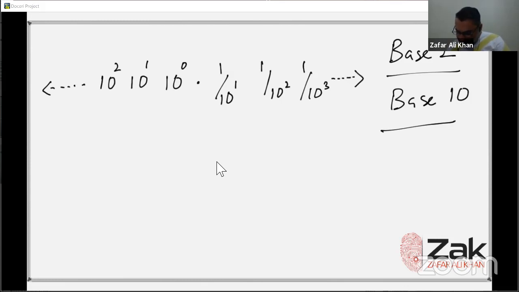When we move towards the left, we are increasing the digit's worth by a factor of 10: units, 10, 100, 1,000, and 10,000. If we move towards the right side, we decrease the worth of the digit by a factor of 10. So this is 0.1, 0.2, 0.3, and so on and so forth.